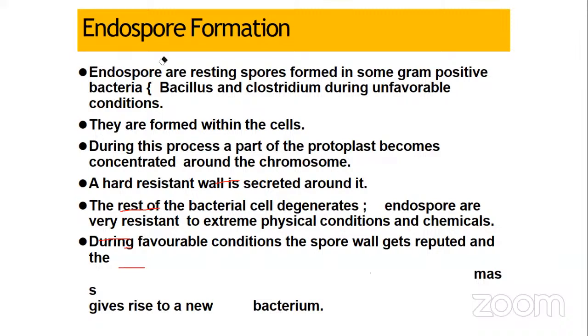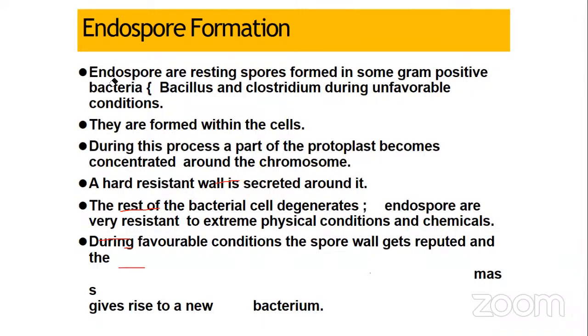Is the slide clear? Are you able to see the slide? Yes, sir. Right. So this is formed during asexual reproduction. Endospores are resting spores formed in some gram-positive bacteria. Examples: Bacillus, Clostridium.